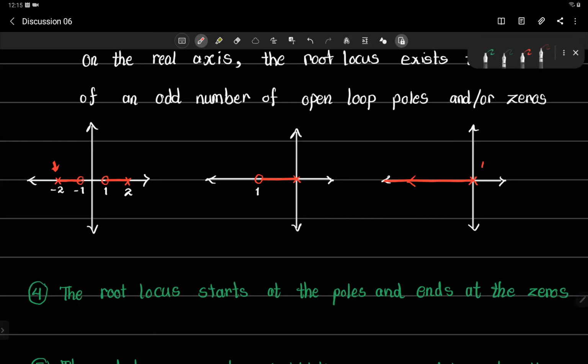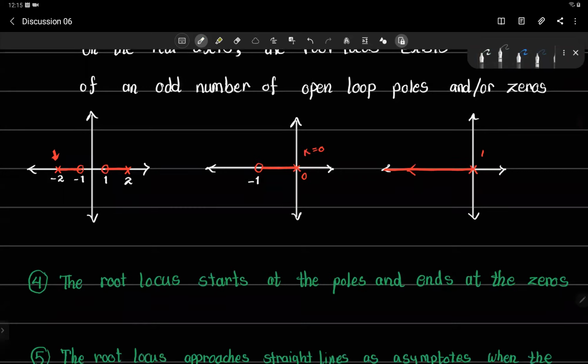My apologies, let's start from this example first. So at k equal to 0, the root locus starts at the open loop pole at s equal to 0, and then starts moving to the left until it reaches the zero at -1.